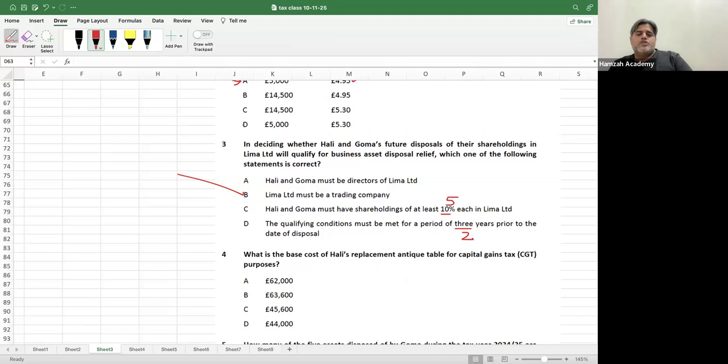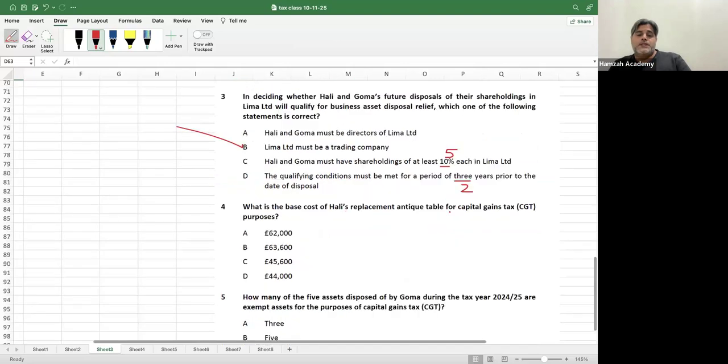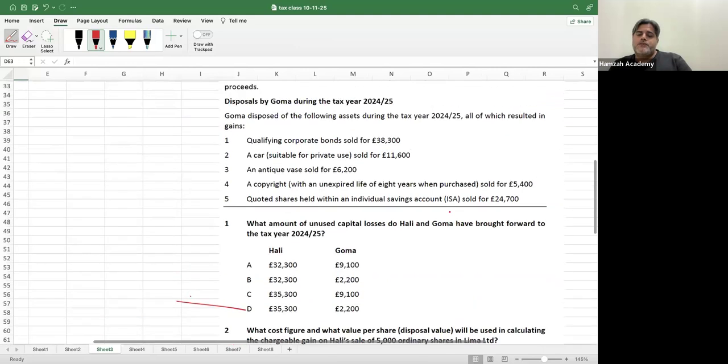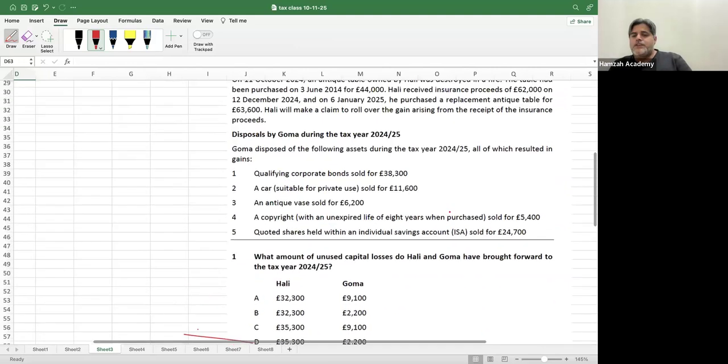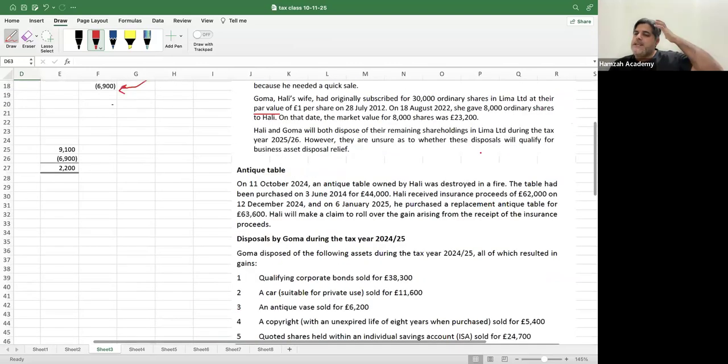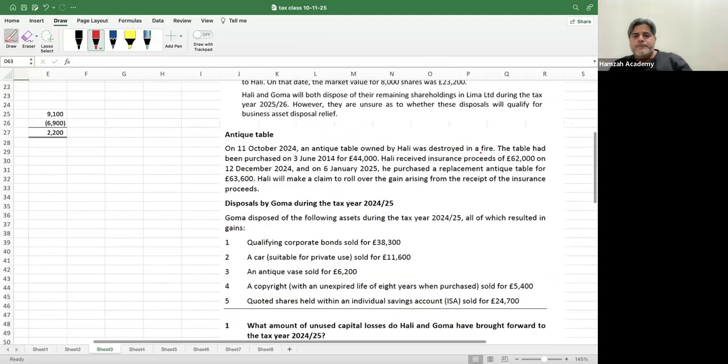Okay, so what is the base cost of the Harley's replacement antique table? On 11th October 2024, an antique table owned by Harley was destroyed in fire. The table had been purchased on 3rd June 2014 for £44,000. Harley received insurance proceeds of 62,000 on 6 January.